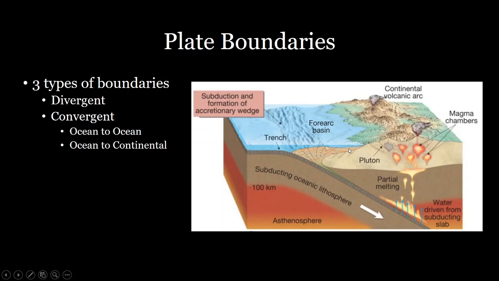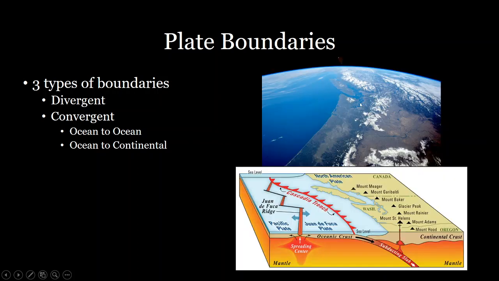And so we see an example of that in the Northwest United States, the Pacific Northwest, where we have mountains such as Mount Shasta and Mount Rainier, Mount Hood, that form this line of tall volcanoes all along the coastline where that plume comes up. This particular volcanic arc is formed by the Cascadia Trench.